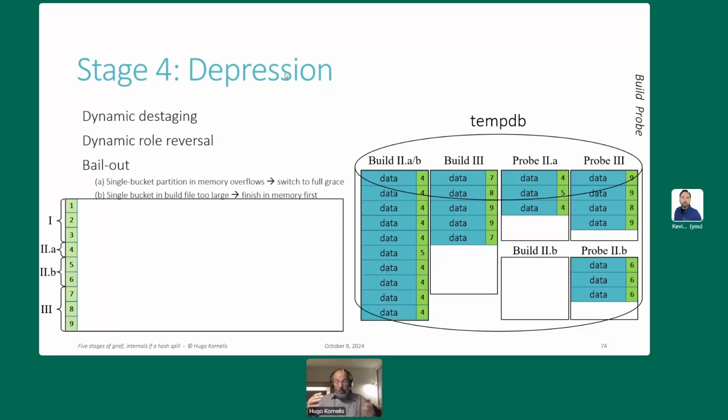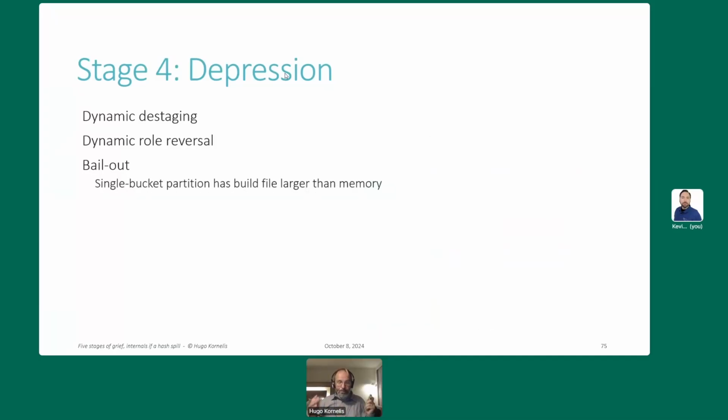So in both cases, we are at the stage where we have all the data in files and we know that there is at least one single bucket partition that is too large. And that's where we are now. The two different starting points always end with a single bucket partition as a build file that is larger than memory, and we can't fit it in memory.